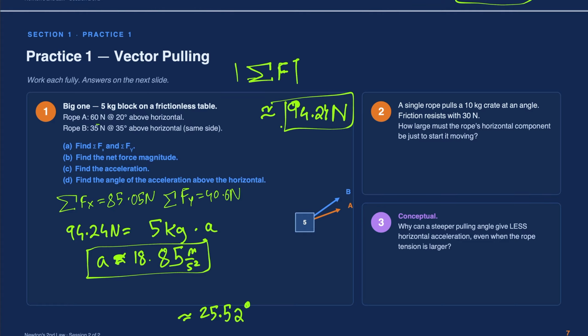Alright, a single rope pulls a 10 kg crate at an angle. Friction resists with 30 newtons. How large must the rope's horizontal component be just to start it moving? Okay, so basically, we have a block here on a floor with friction, a rough surface. And I'm pulling the 10 kg crate at an angle here.